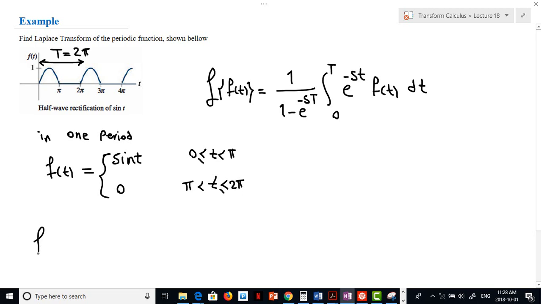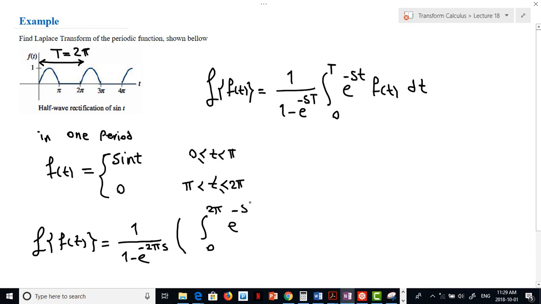As a result, the Laplace transform of f(t) is equal to 1 over 1 minus e to the power of minus T s, where T is 2 pi, so 2 pi s, times the integral from 0 to 2 pi of e to the power of minus st f(t) dt.